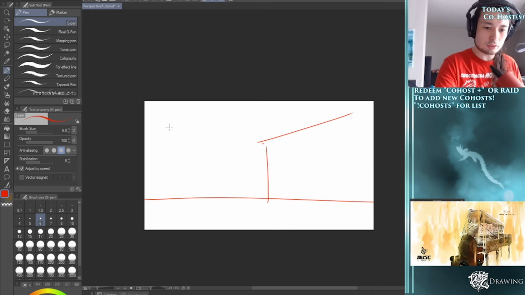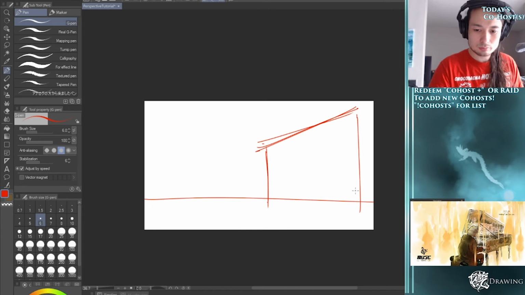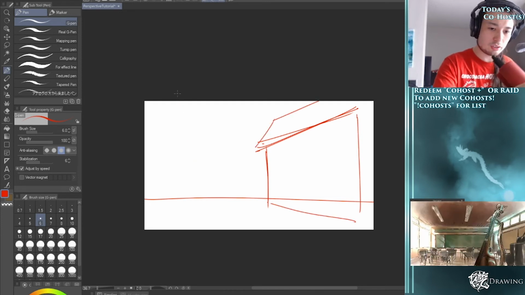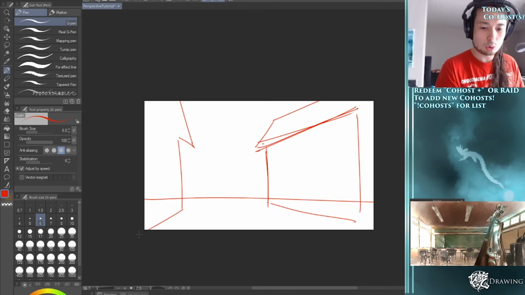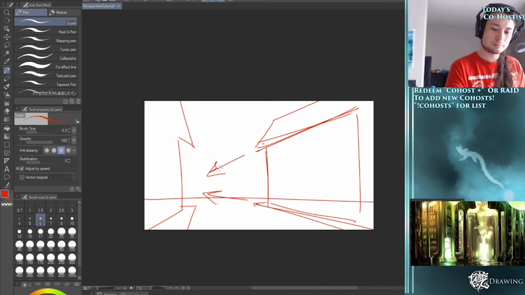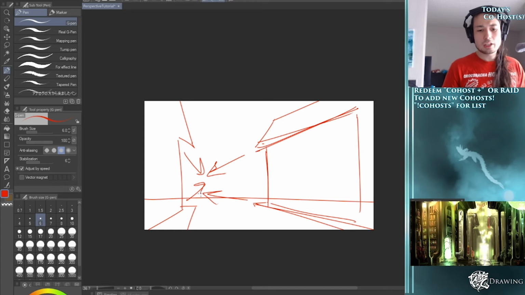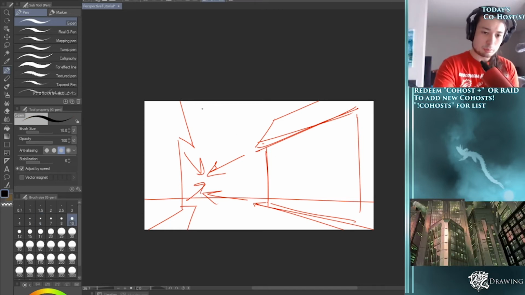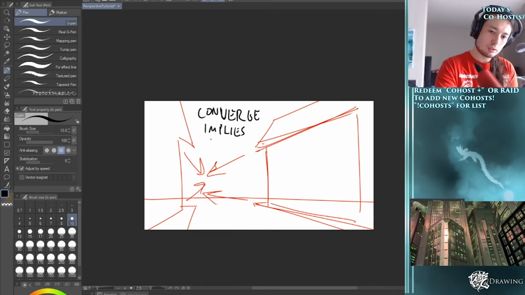All of these lines are going to move our eyes towards wherever these lines are going, our eyes are going to follow, right? That means converging lines imply perspective. Convergence implies perspective.